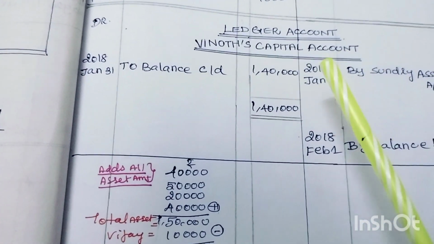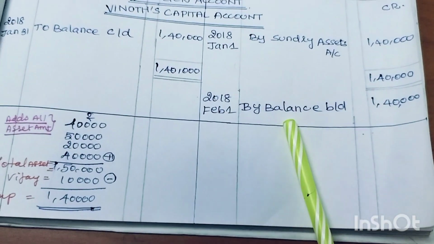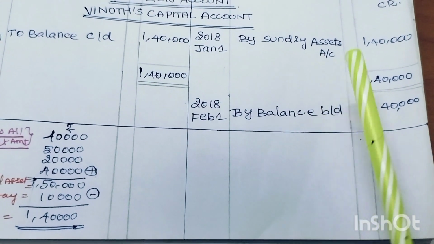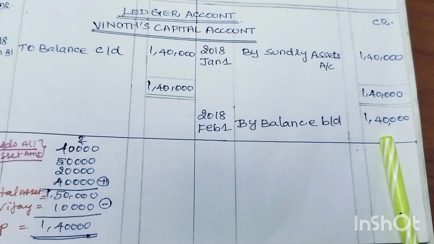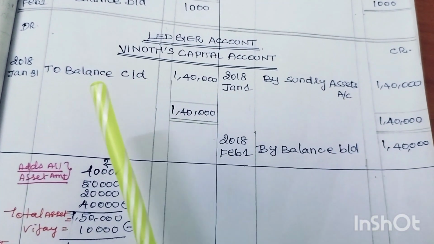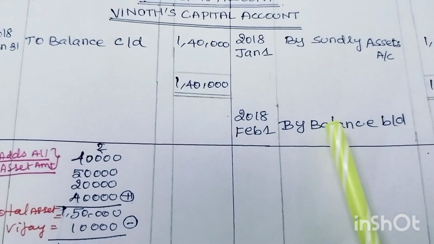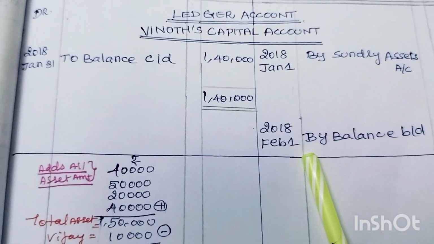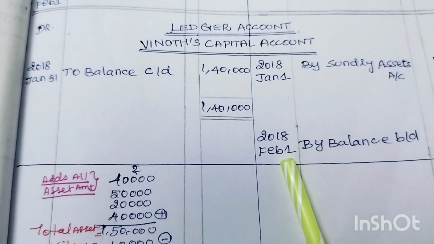Then we take this 1,40,000 to be brought down to the opposite side and enter below the capital. What is the opposite side from the debit side? Credit side is the opposite side from the debit side. Okay, so we enter 1,40,000 dated on 2018 February 1. This is the opening of the accounting period only.